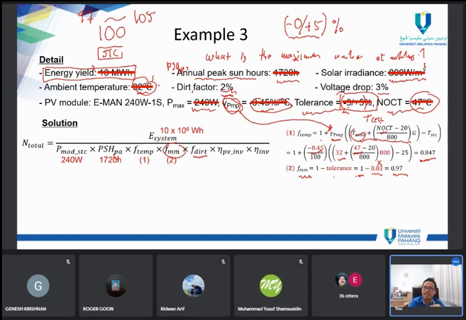But the F dead, how much is the value of the F dead? The same concept as the FMM. You just minus the 0.02, you're going to get 0.98.